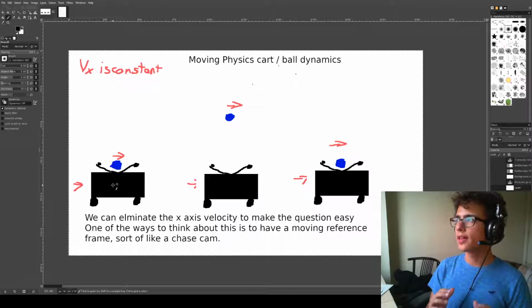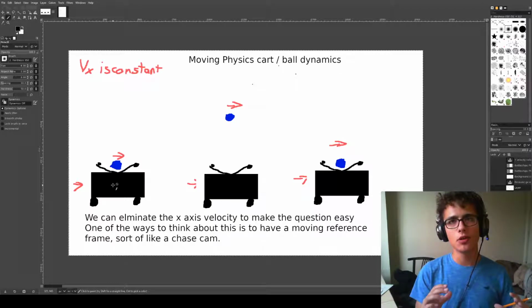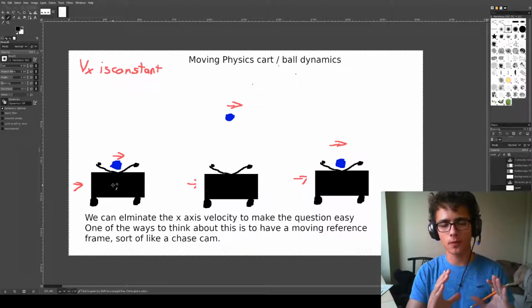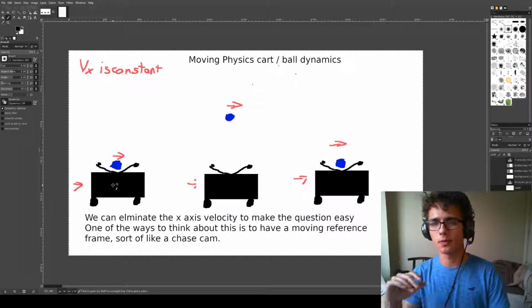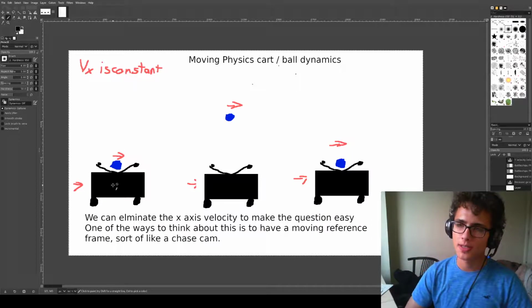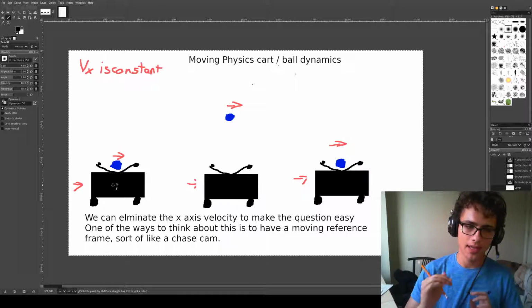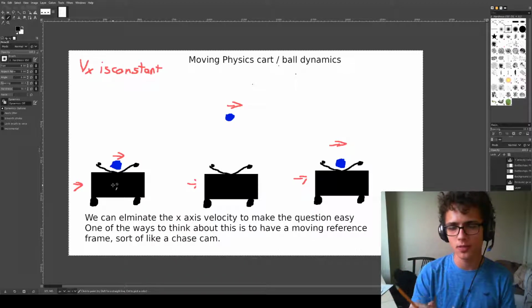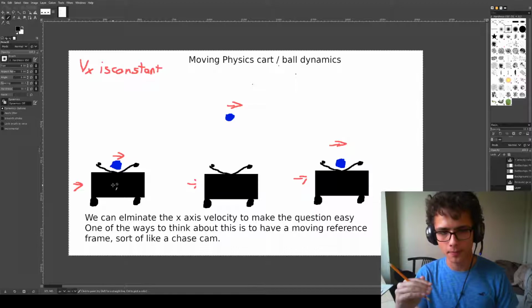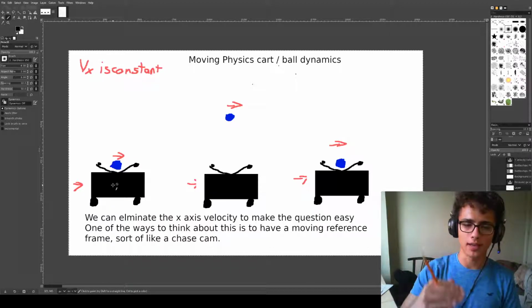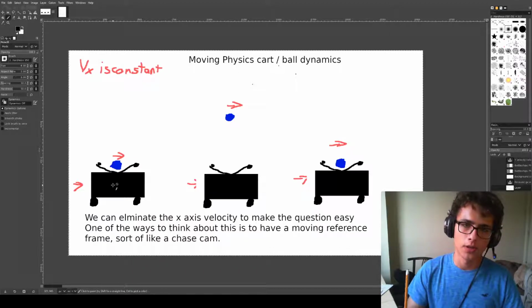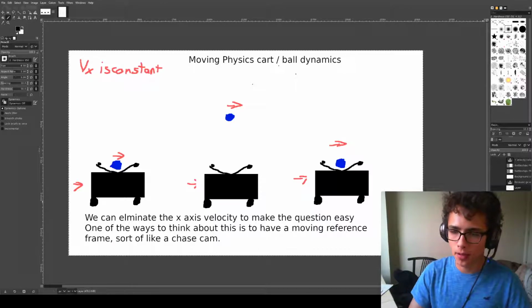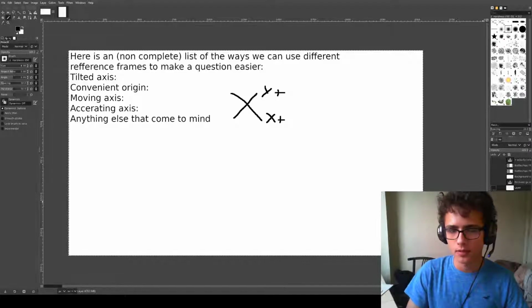So one way to think of this is if you had a chase cam following the cart at the exact same speed, it wouldn't be able to tell that either the ball or the cart was moving in the x direction, right? It could only tell their y position. So that makes the problem a lot easier to deal with.